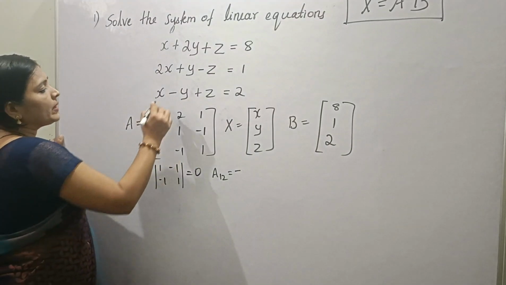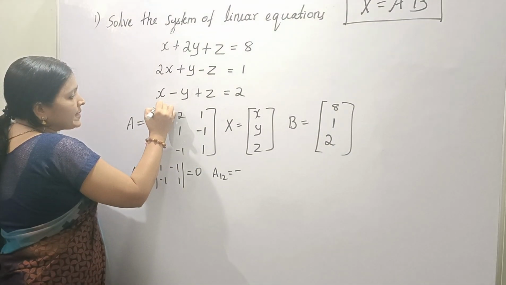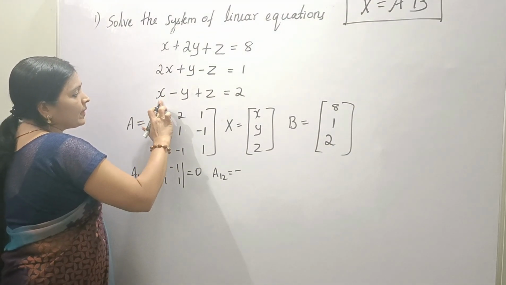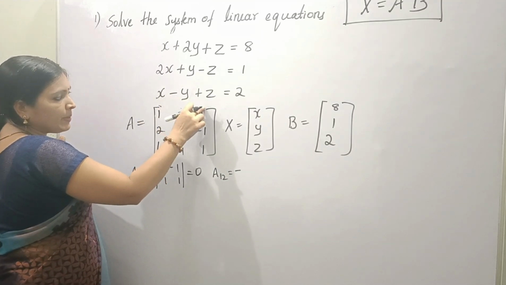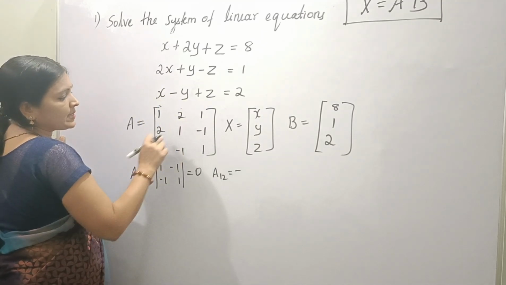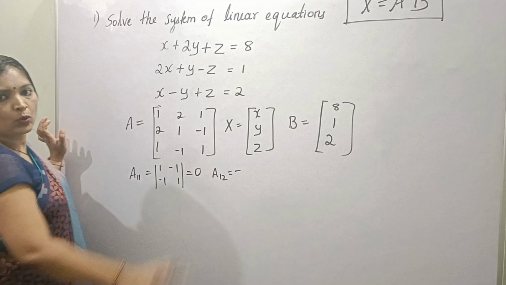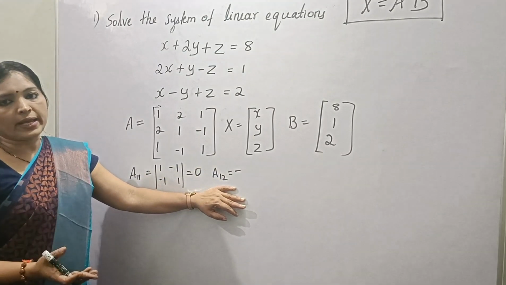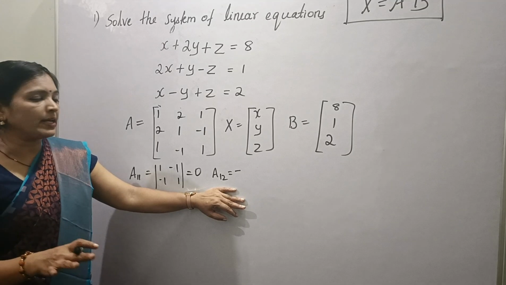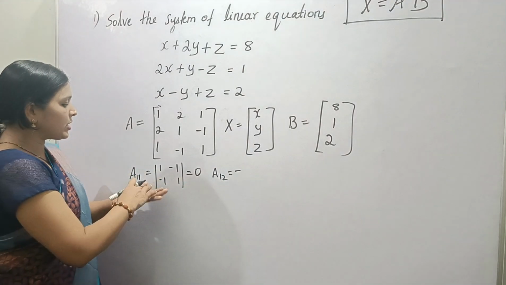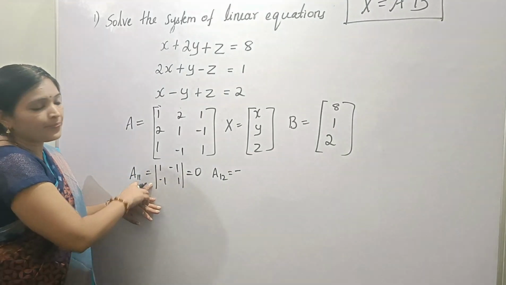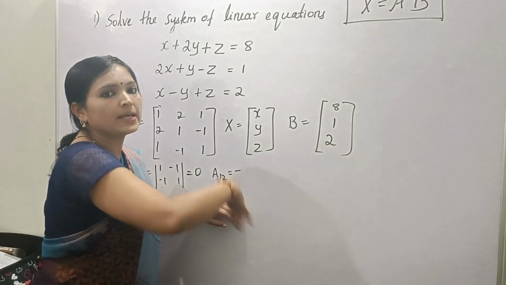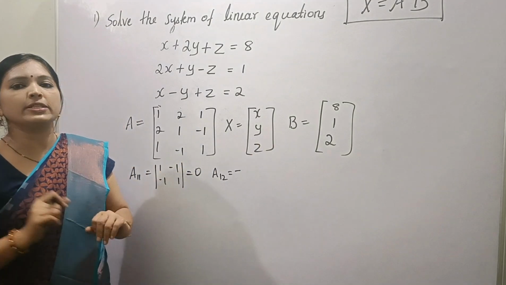Remember the pattern: plus, minus, plus, minus, plus, minus, plus, minus, plus. Here A12 is position 1 plus 2, which is 3, so minus 1 raised to 3 is minus. It goes in this way: first plus, then minus, next plus, then minus.